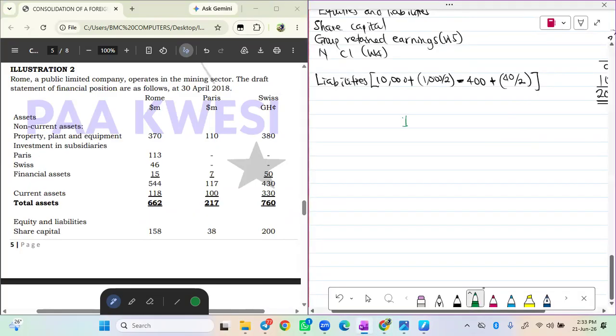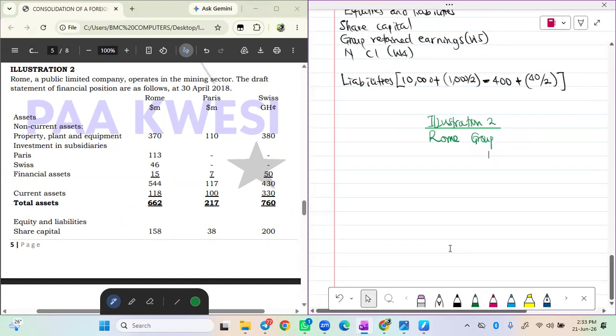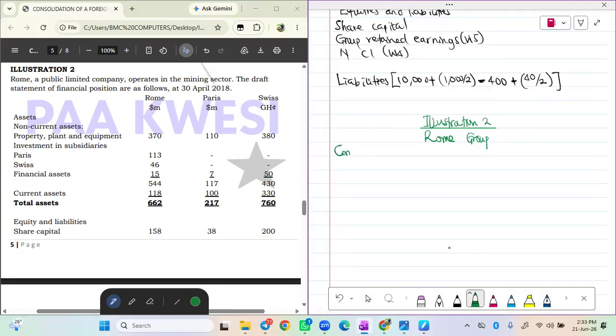Illustration 2. Rome, a public limited company, operates in the mining sector. The draft statements of financial position are as follows at 30th April 2018: Rome, Paris, and Swiss.